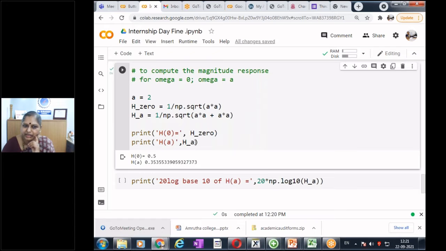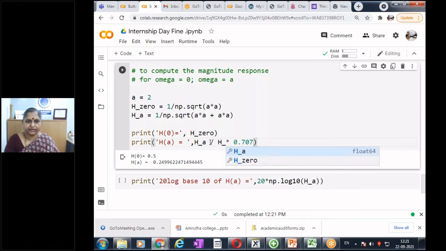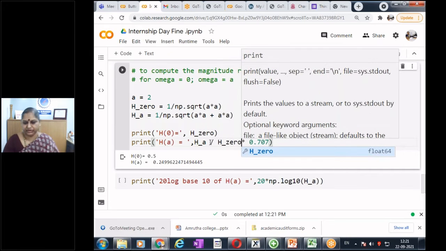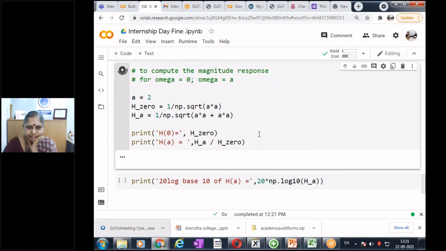Let us say, let me multiply h of a into 0.707, or say I divide by h of 0. You see, the ratio of h of a by h of 0 is 0.707.